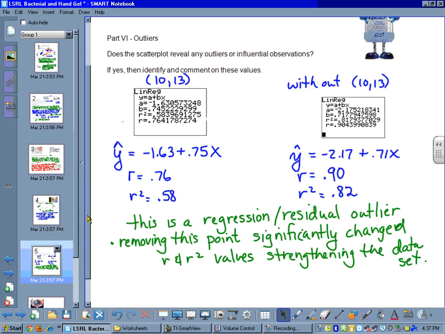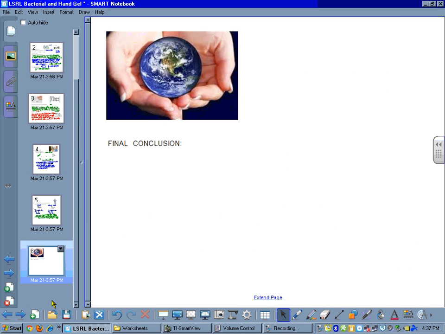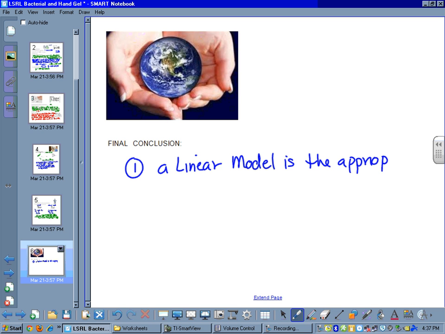Okay, final conclusion time. Number one, a linear model is the appropriate choice for this data set.